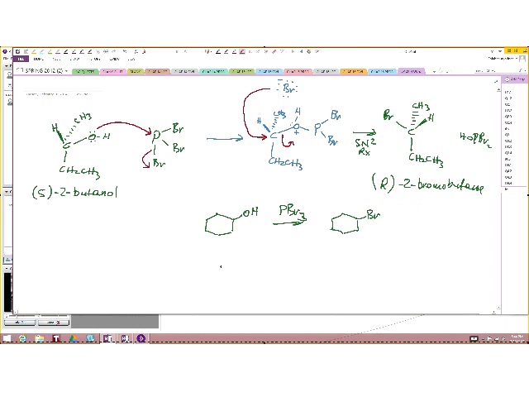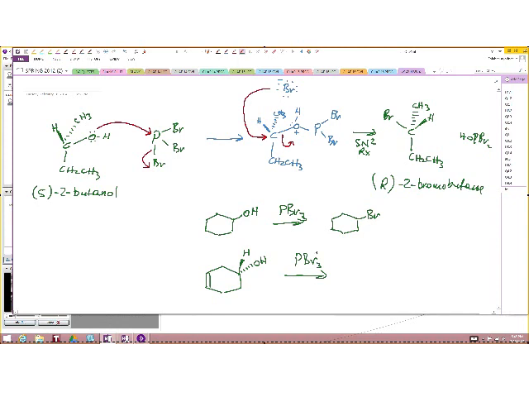But if, on the other hand, I do this, and I say, this is the reagent here, and I ask you to give the product of that reaction.